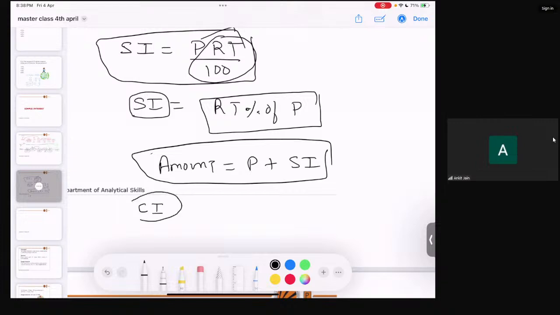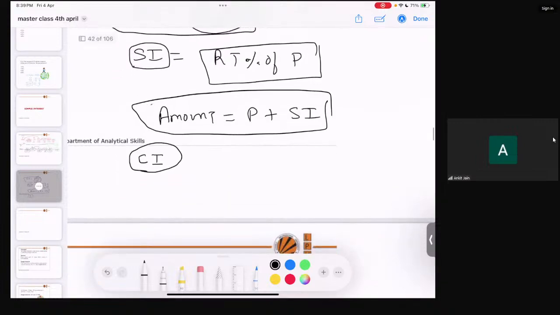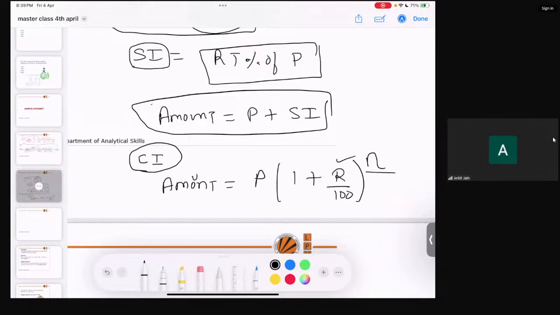But in case of CI, we have no direct formula to find interest. We have a formula to find the amount. In case of CI, the amount formula is P into 1 plus R by 100 power N. N is the time in years, the number of years, R is the rate percent, and P is the principal.